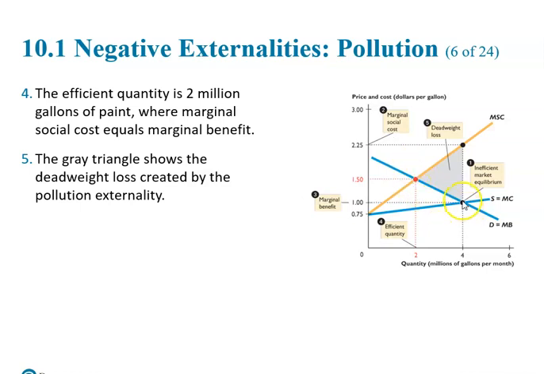But since the quantity which is produced is 4 million gallons rather than the 2 million gallons which should be produced, this gray triangle area shows us the deadweight loss created by the pollution externality, created because of overproduction of paint, because the producers are not taking into account the cost which is being incurred on others.